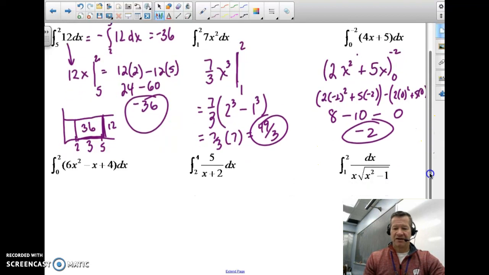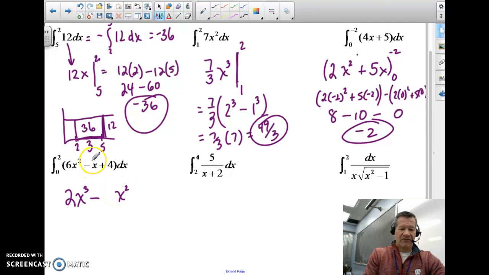All right, let's try a couple more here. Another polynomial. Add 1 to the exponent. I get x to the third. 6 divided by 3 is 2. Minus, add 1 to the exponent, x squared. Negative 1 divided by 2 is negative 1/2. Then plus 4x.